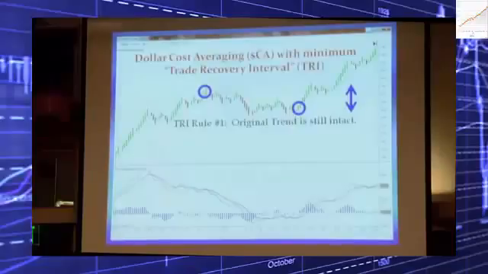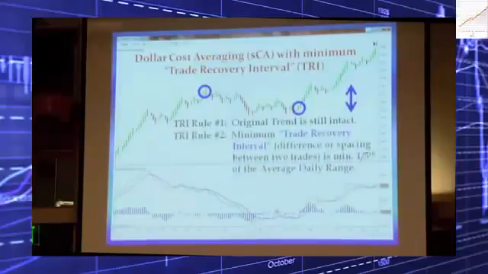So here we are, trade recovery interval, and right there you've got the trade recovery interval in place. Rule number 1, original trend is still intact. Rule number 2, minimum trade recovery interval.